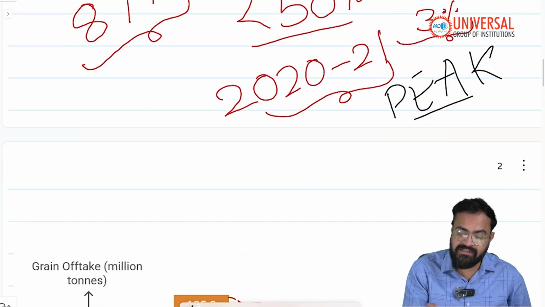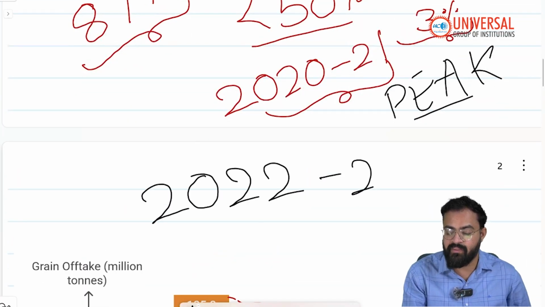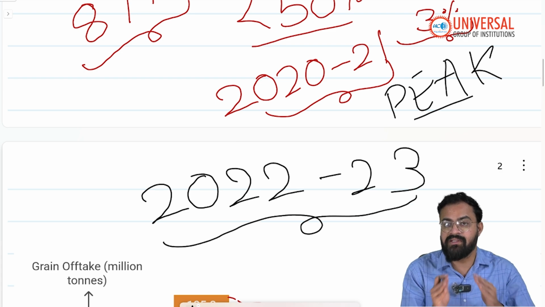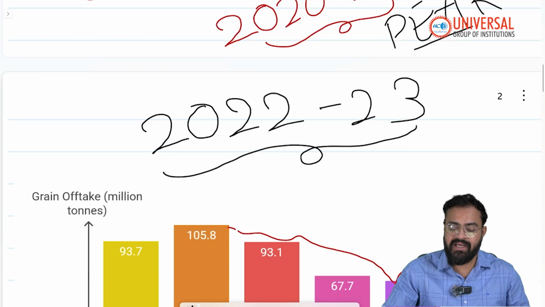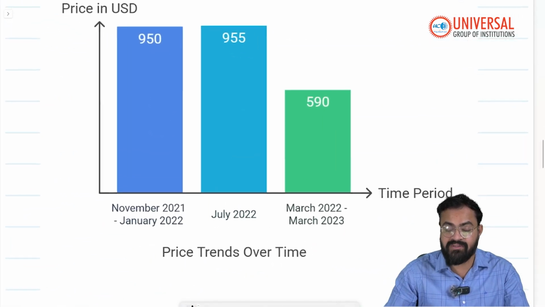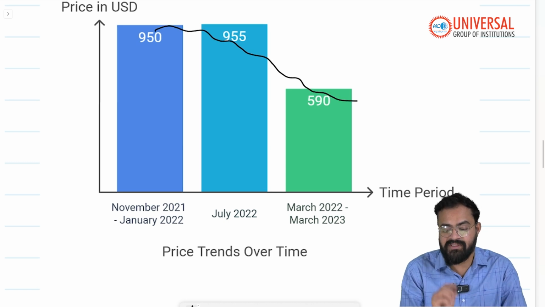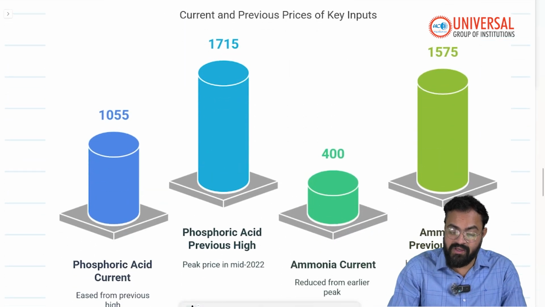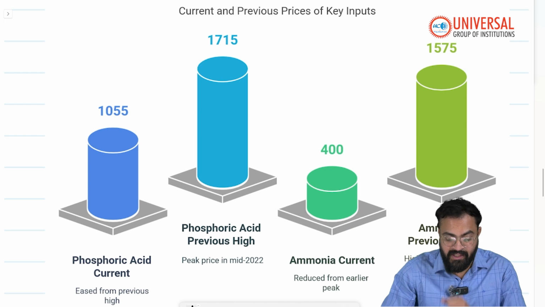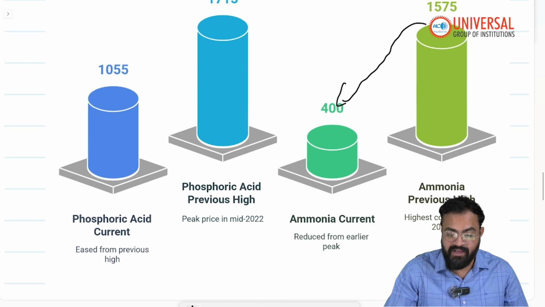Remember, the fertilizer subsidy bill reached its peak during the financial year 22-23, because this was the year in which Russia invaded Ukraine. Can you see very clearly how the prices of urea have declined? This is the present. You can also see the others, phosphoric acid and ammonia, have declined from 1.75 as well.